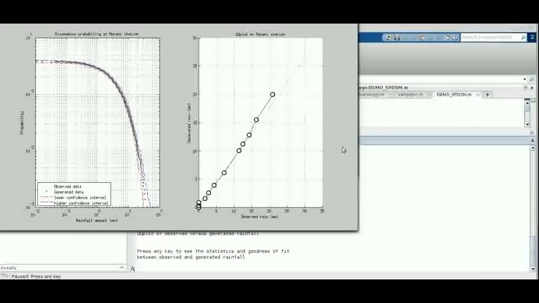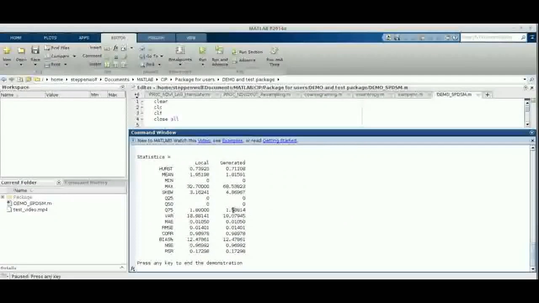So let's quantify the goodness of fit of this exceedance probability plot, and also compute some statistics of the time series generating these two plots. The software package also computes all these statistics. So we compute the Hurst index, the mean, the minimum, the maximum, the skewness, 3 quantiles, and all these measures of goodness of fit for the exceedance probability plots.